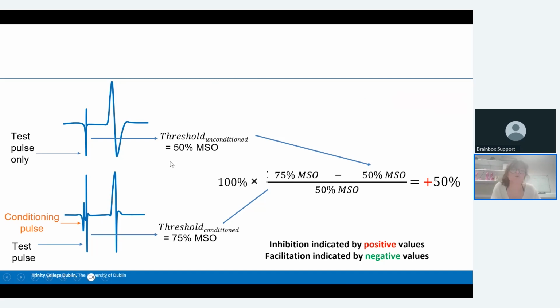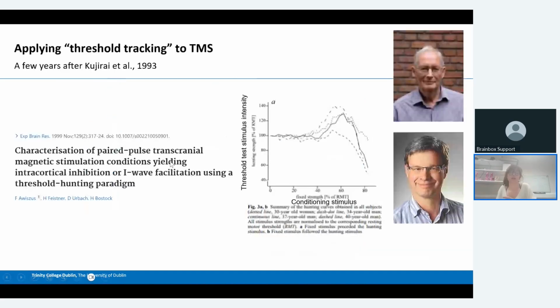So where did this application of threshold tracking start in TMS? Even though it has become more known recently, it started quite soon after the initial discovery of SICI in 1993. In 1999, Friedman Avicius and Hugh Bostock and their colleagues looked at this in TMS.